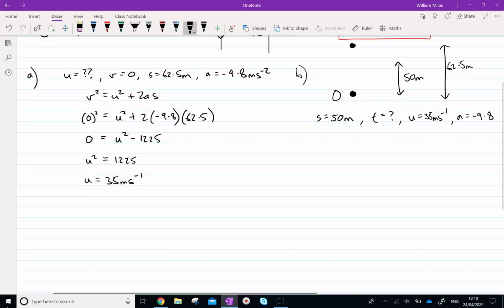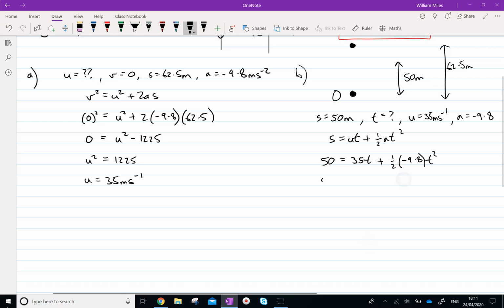So let's sub in. S equals UT plus a half AT squared. So we want a displacement of 50 from O. U is 35, we don't know T. Plus a half A, which is minus 9.8, and then we don't know T again, so T squared here.